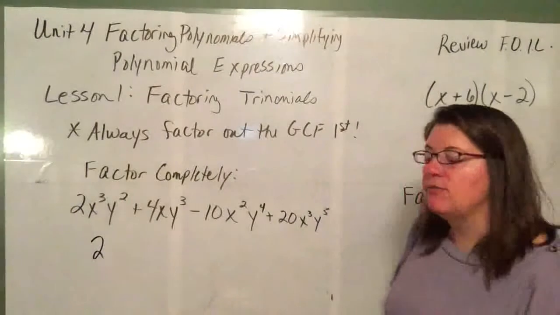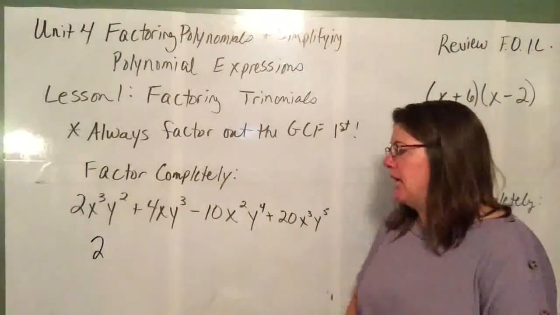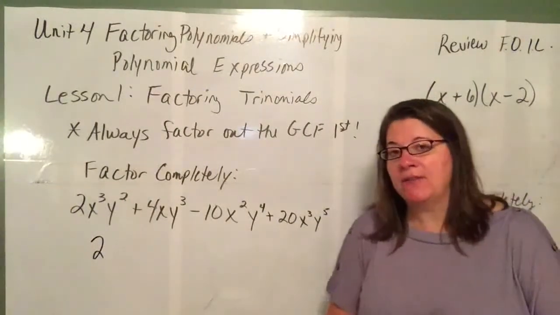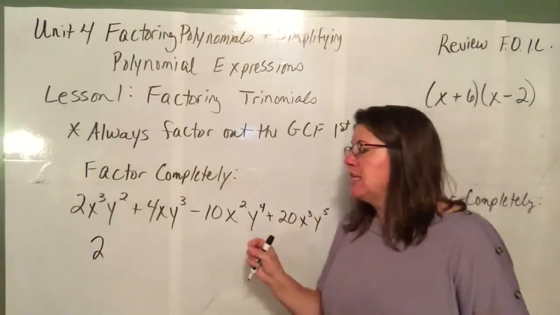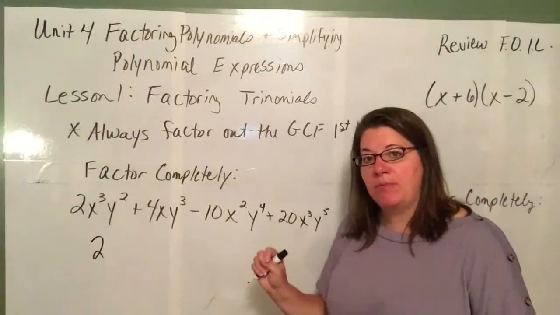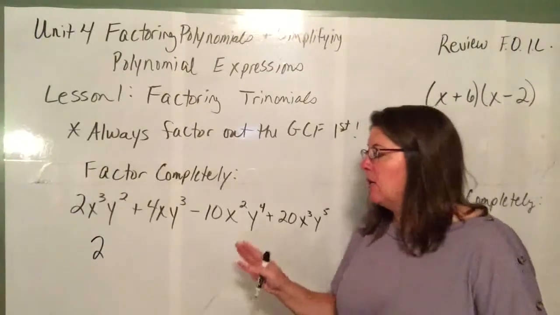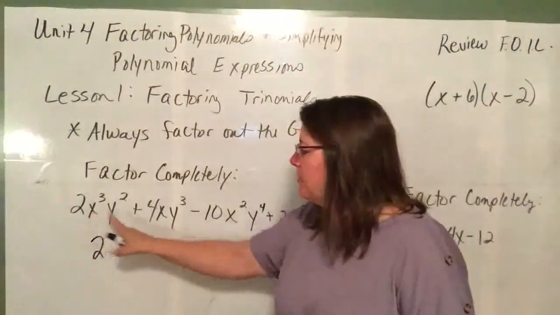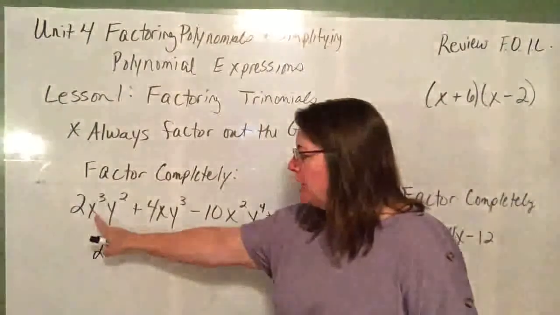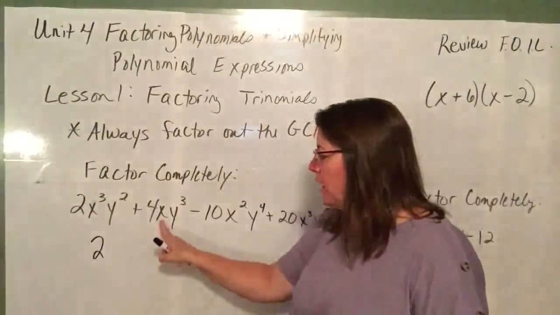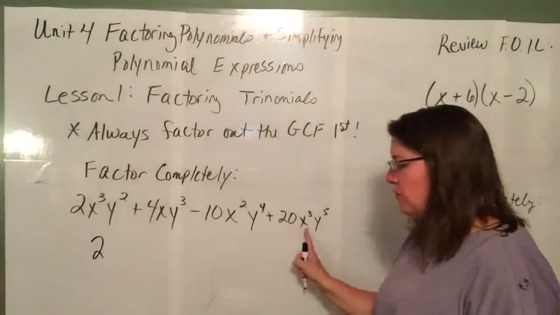And then I need to look at the variables. I'm allowed to take out any variables that they have in common. If your variables have exponents, you're going to take out the smallest exponent that they all have in common. If you look at this, all of them have at least one x. This one has 3 of them, x cubed, this one has 1, this has 2 x's, and this has 3 x's.